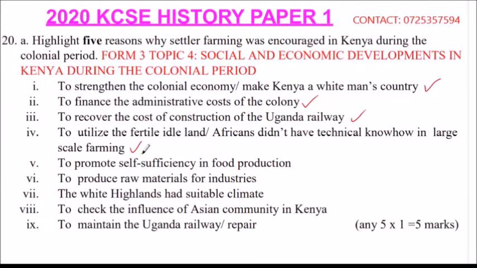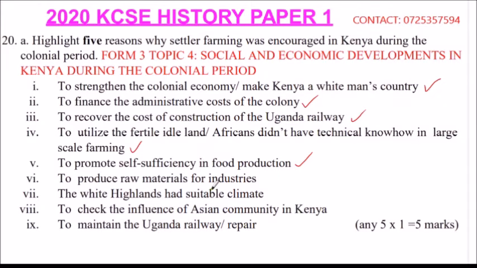So the Africans were a little bit behind. They didn't have some crops like coffee and tea. They just used to farm food for consumption. Number 5, to promote self-sufficiency in food production. So to be able to feed them and even the Africans.